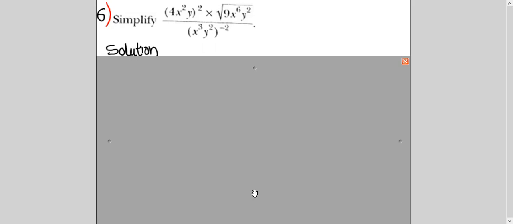Now let's see this one. This one looks complicated and I'm not going to explain. You have to try this out. You can put this video on pause for a few minutes and try it out in your copy, and then you can compare your working with the solution I'm providing you here, right? So I can give you just a hint. This power 2 will be applied to each term, just the way we have done before.